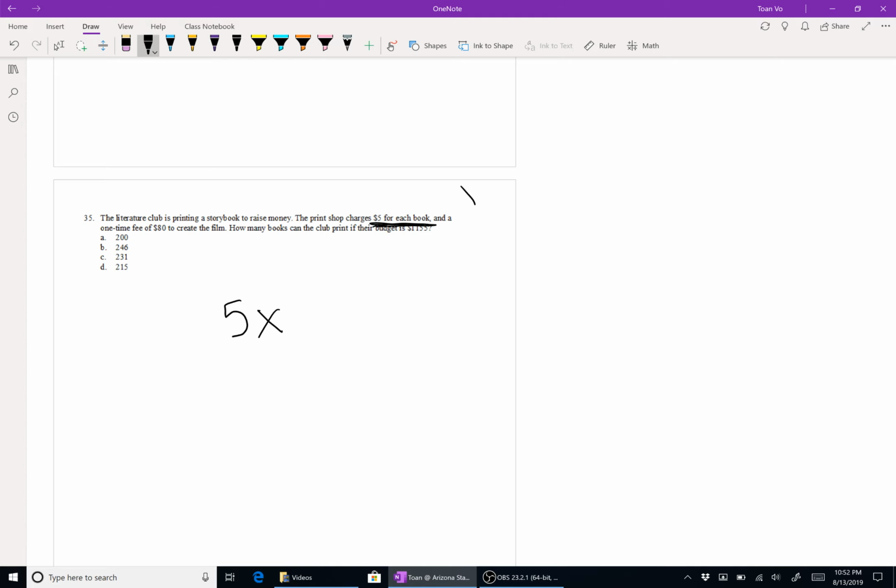Now in this case here, it's each book, so x equals the number of books, and a one-time fee of $80. So anytime there's a singular fee, you only pay it once. It doesn't happen over and over and over again. It will not be attached to a variable. So this $80 is on its own.